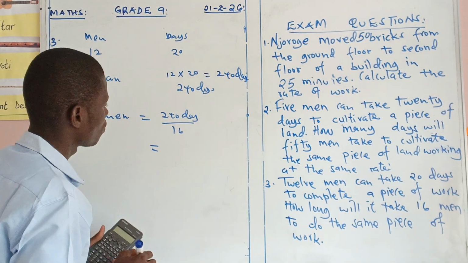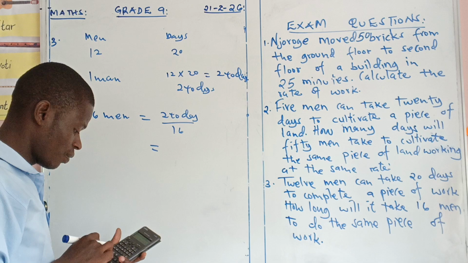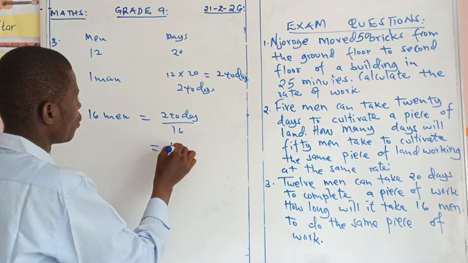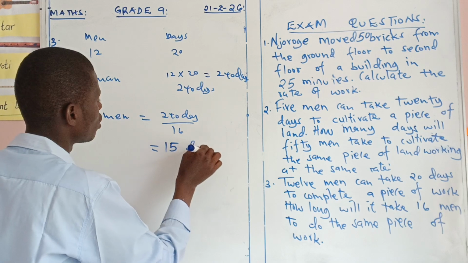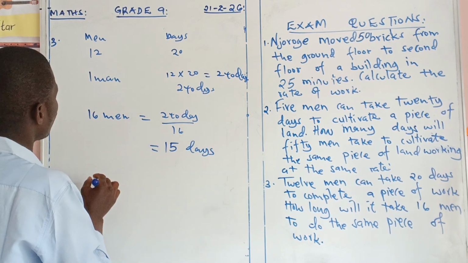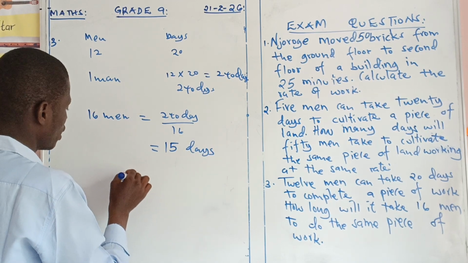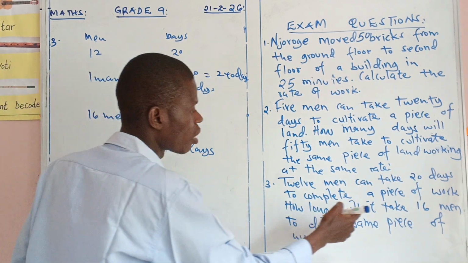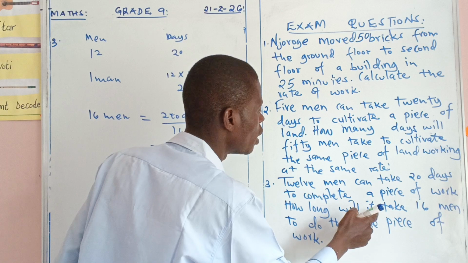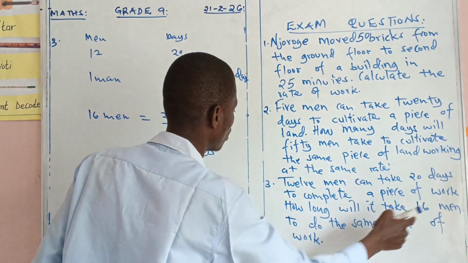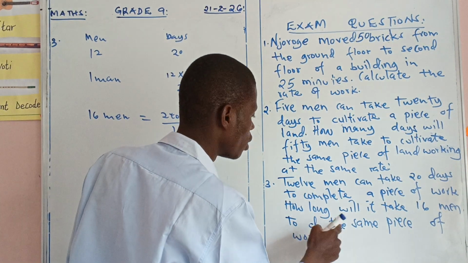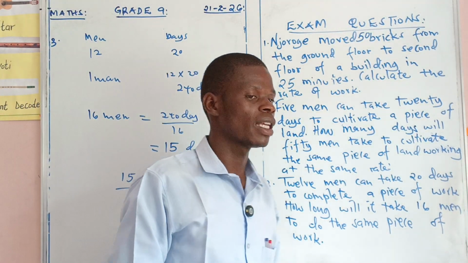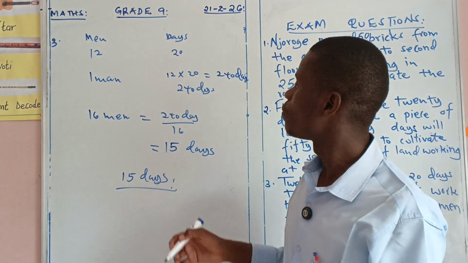So what do you have? 240 divided by 16 is 15 days. So the answer is 15 days. The answer of what? What were we asked? How long will it take 16 men to do the same piece of work? That's now 16 men will take 15 days.